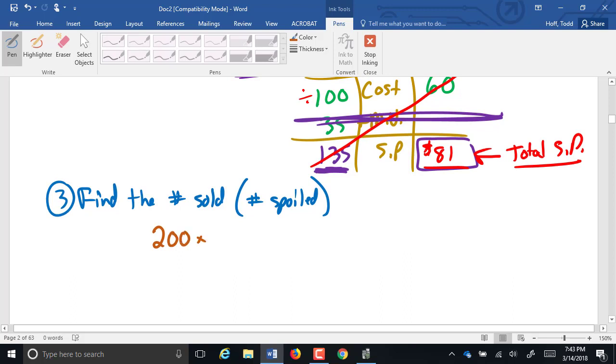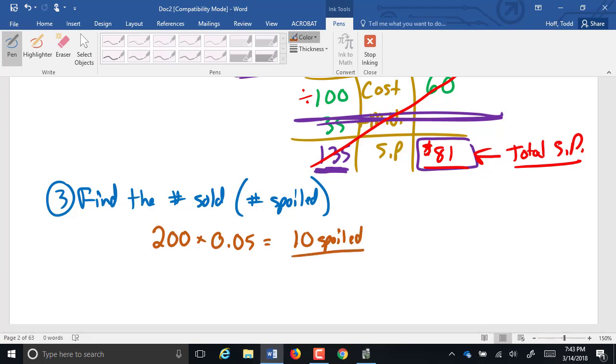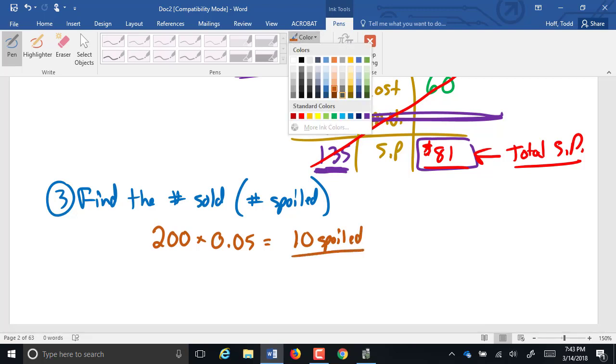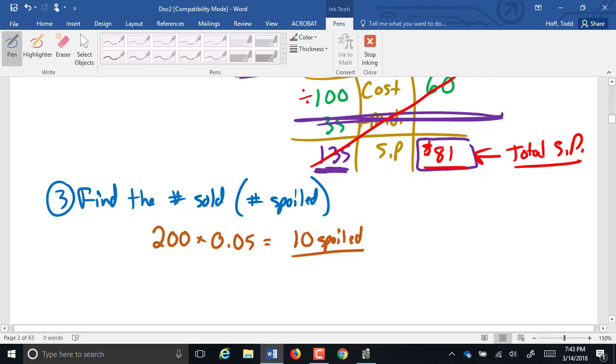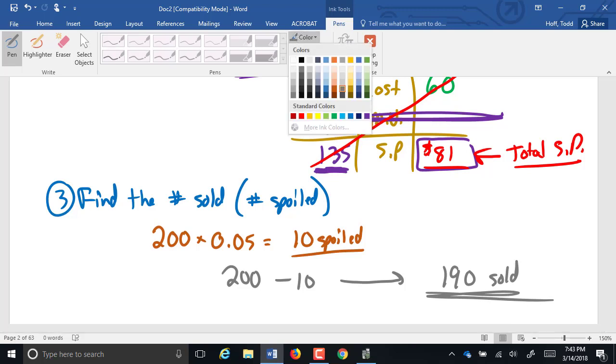What percent spoiled? 5%. So times 0.05 gives us 10 that spoiled. How many get sold? 200 minus 10 is 190 that are sold. Right? Any questions there?